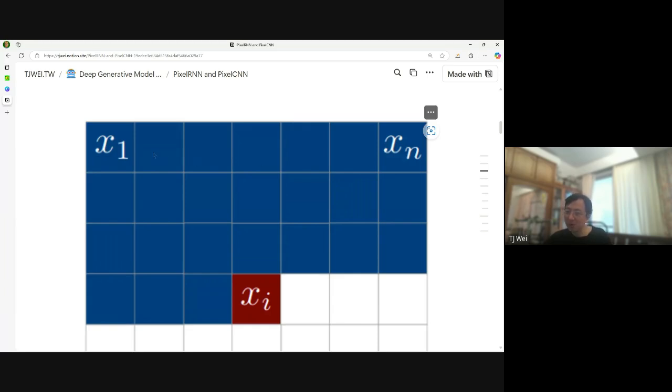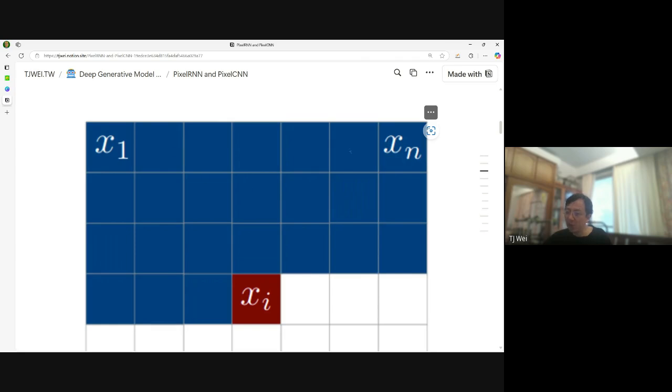So a better order, just as a suggestion, might be something like x1 to xn, and then get to xn plus 1, and n plus 2, n plus 3, and so on. But this still lacks something that we probably need, because we know that this pixel is probably also related to the pixel that is right above it.